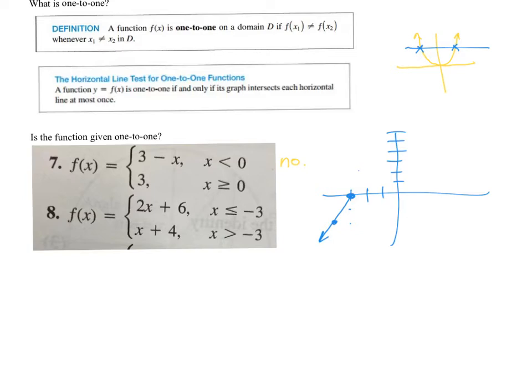At x is -3 on the second piece, -3 plus 4 is 1. That is not included because there's no equals. The slope for this is up 1 and over 1, and it has a y-intercept of 4. So is this one-to-one? Yes, because whenever you draw a horizontal line, you are only hitting the graph once at any place.